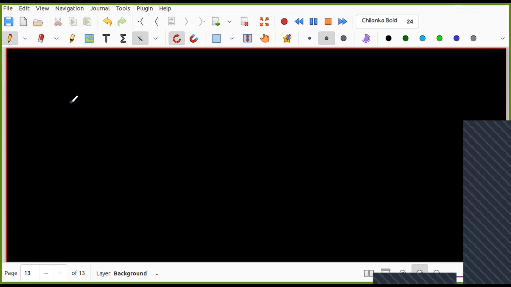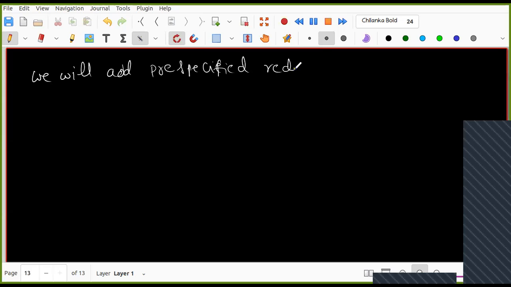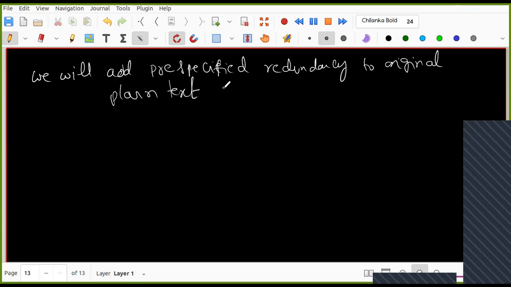What we can do is add a pre-specified redundancy to the original plain text prior to encryption.